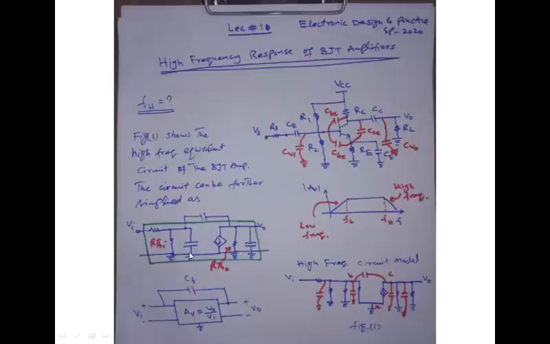This capacitance is the effective capacitance, Miller input capacitance, and if you go back to this slide, you can see that this capacitance has a reflected effect at this port, so it effectively appears at this port in parallel with this capacitance.